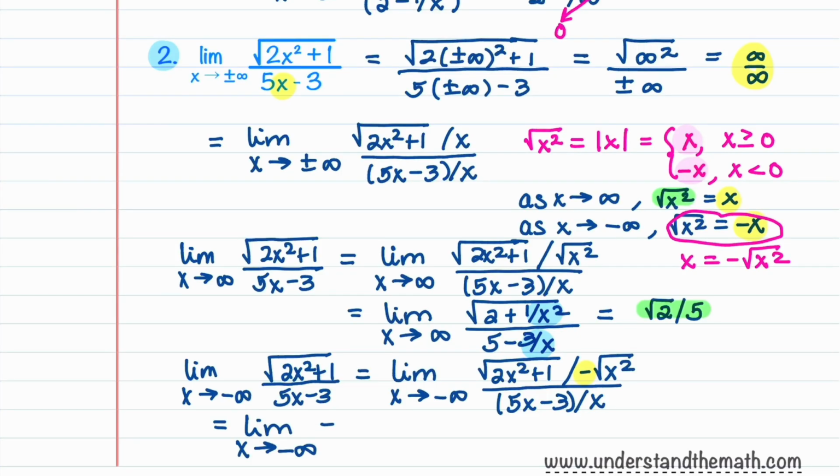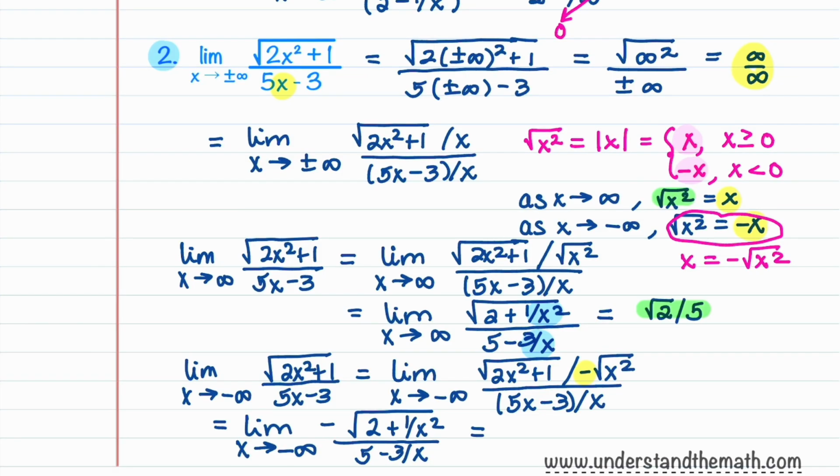So we have minus the square root. Now we can take the x squared inside the other square root, and this becomes 2 plus 1 over x squared, just dividing everything. And then in the denominator, we have 5 minus 3 over x.